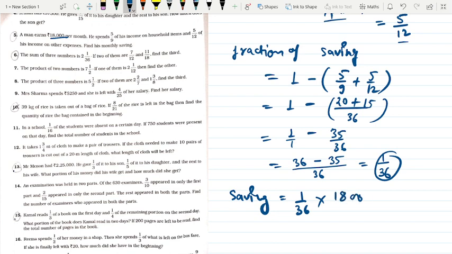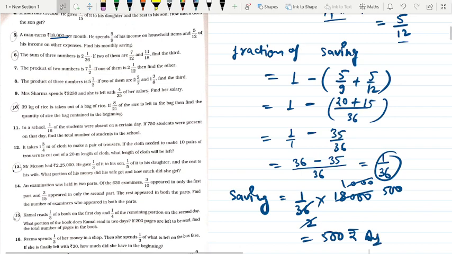Total money he had is 18,000. Just cancel out: 18 1s are 18, 18 2s are 36, 500. So saving is basically 500 rupees. Okay, now let's move to the next question.